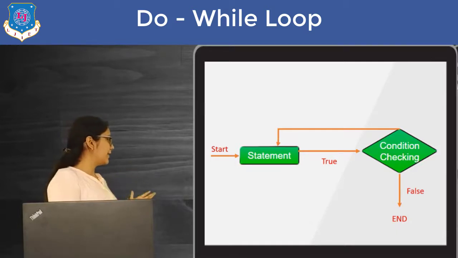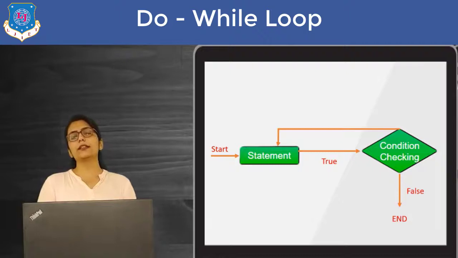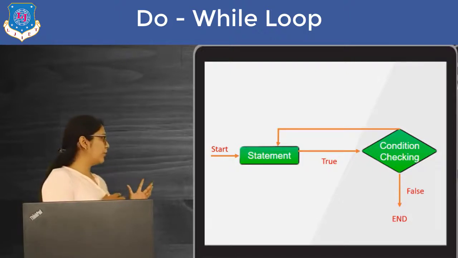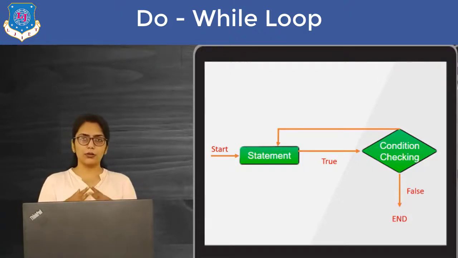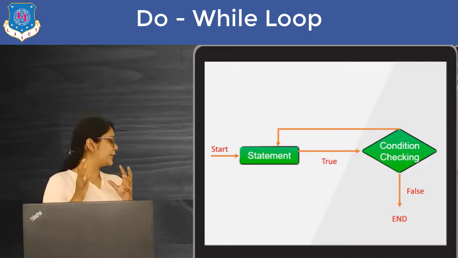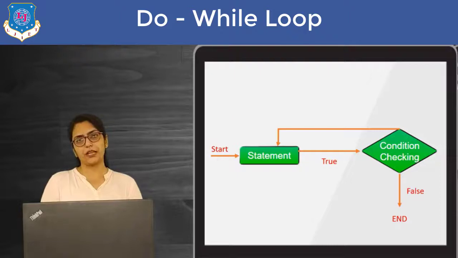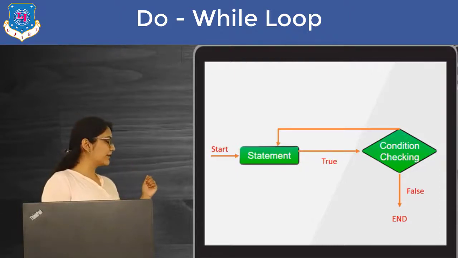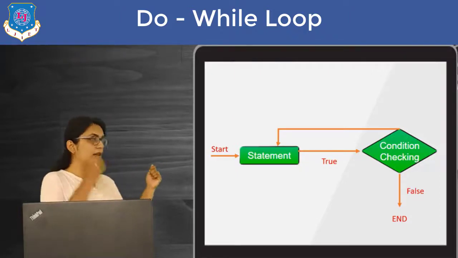Now the next loop is the do while loop. The flow chart for the do while loop contains the same shapes as the while loop. Here also I start, then statements, then checking.